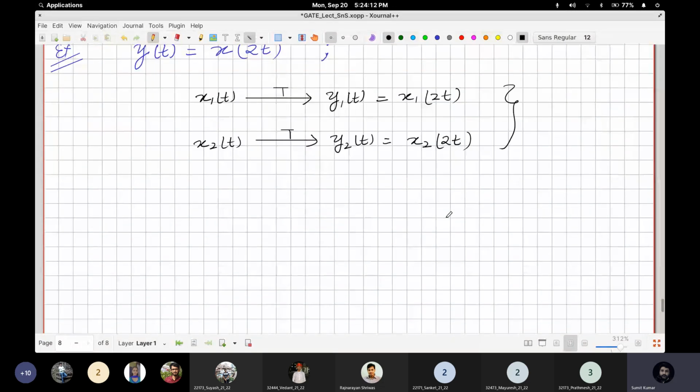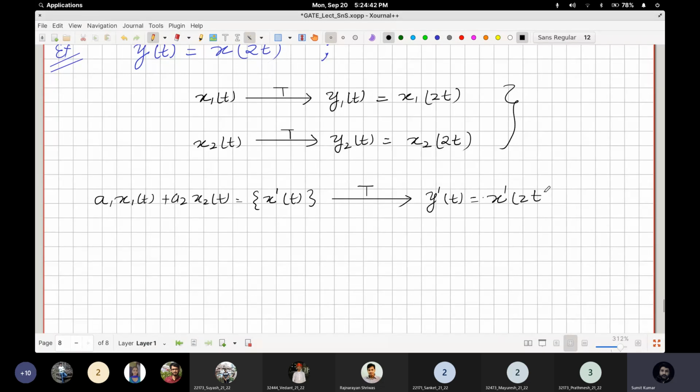Now next we will give the system input as a1 x1(t) plus a2 x2(t), and let's assume that this is x dash of t. Then if we give this input to the system, let me assume that the output is y dash of t, and y dash of t is going to be x dash of 2t. And x dash of 2t कैसे निकल रहा है, x dash t से, t की जगह हमने 2t put किया, right?